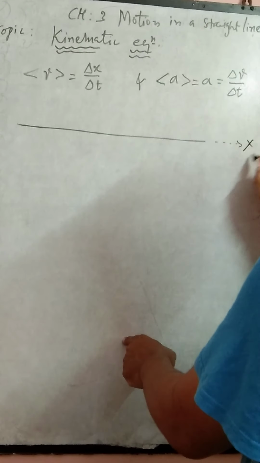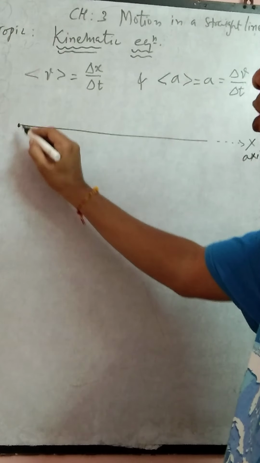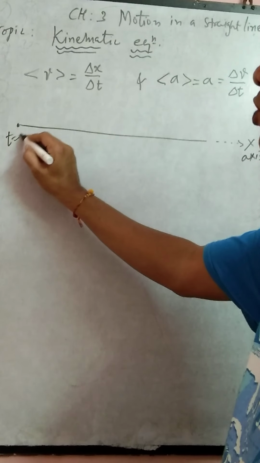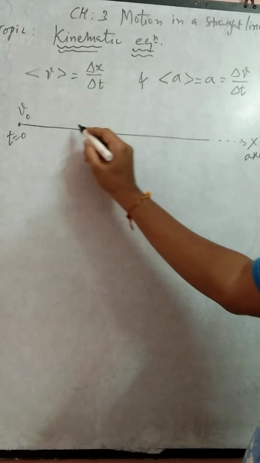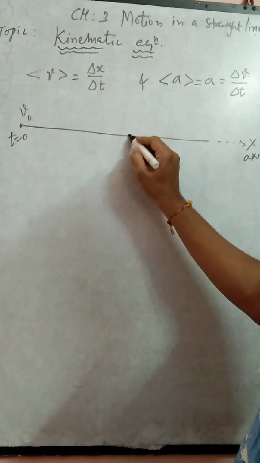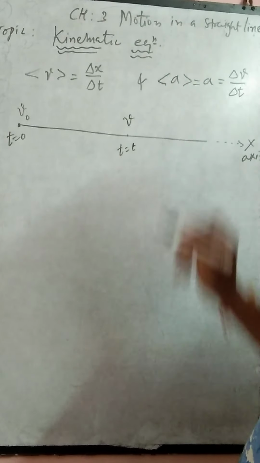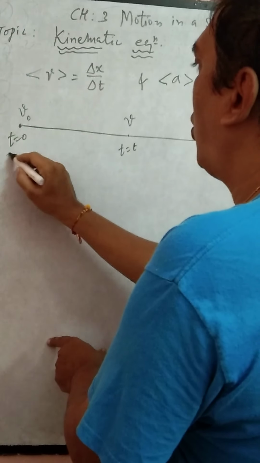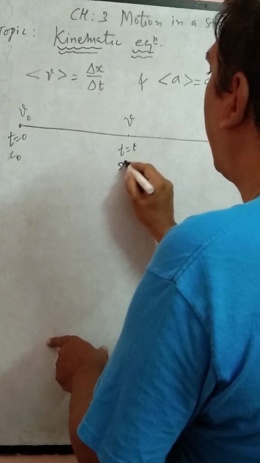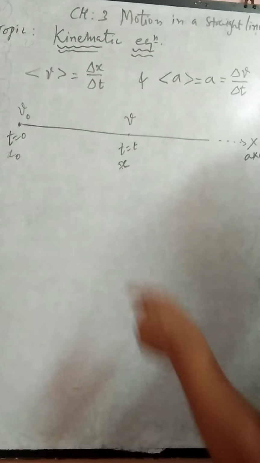It starts its motion from this point at t equal to 0, with velocity v0, and at t equal to t the particle has velocity v. The positions of the particle are x0 and x. So the change in position is x0 to x, and the change in velocity is v0 to v.